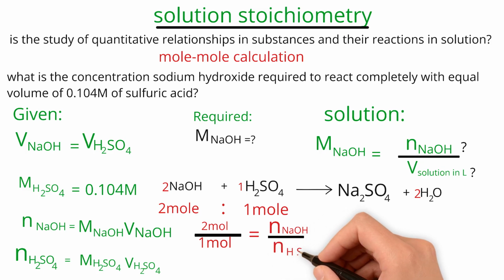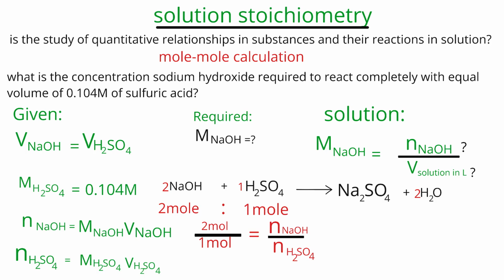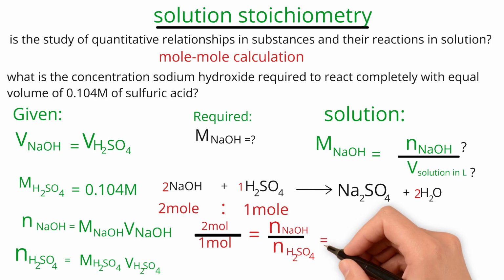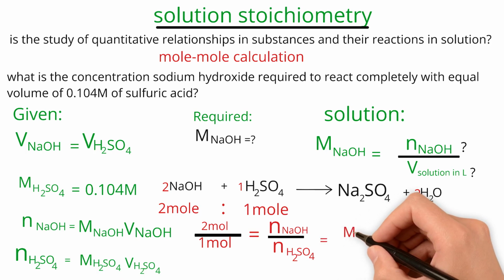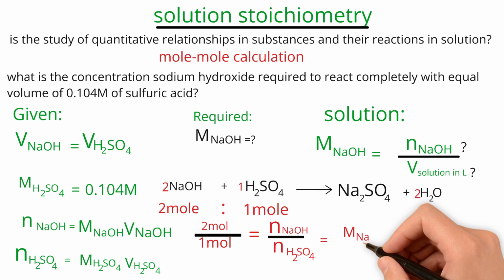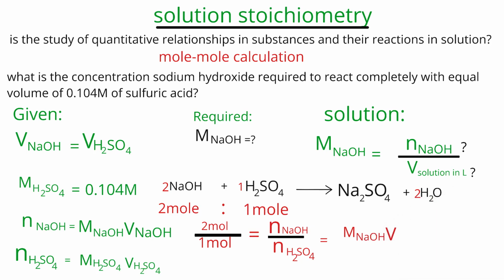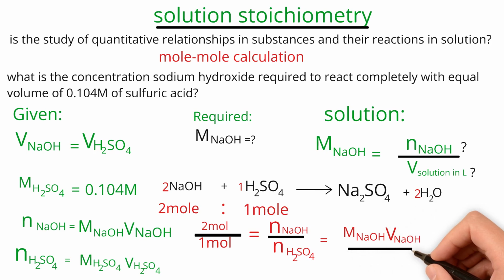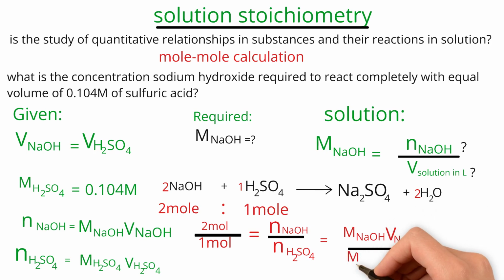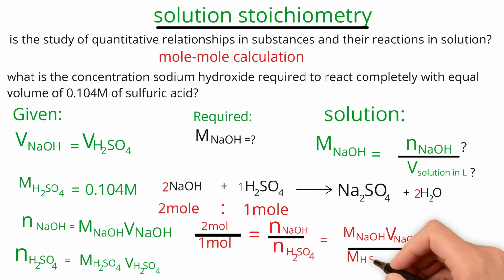Now we define mole of sodium hydroxide, which is equal to molarity of sodium hydroxide times volume of sodium hydroxide, over molarity of sulfuric acid times volume of sulfuric acid.